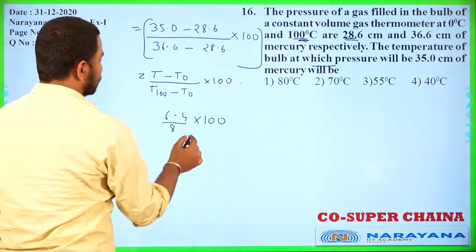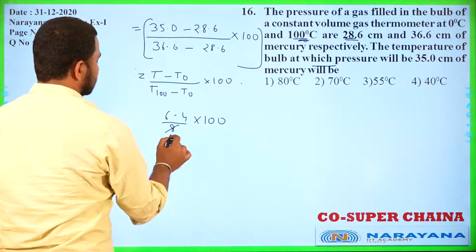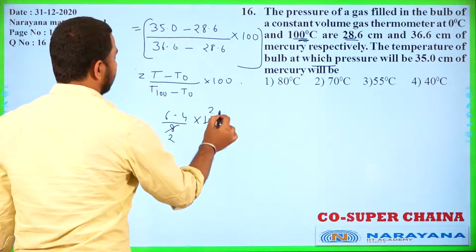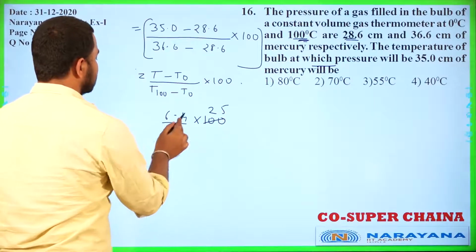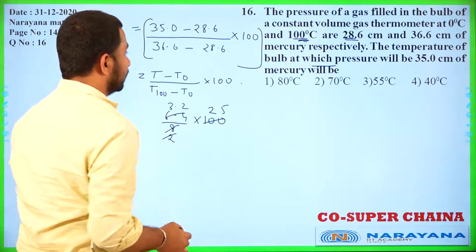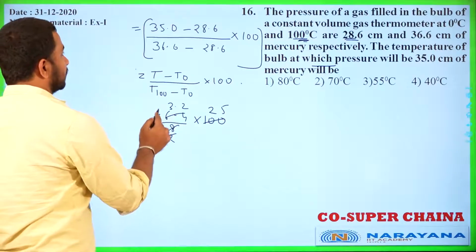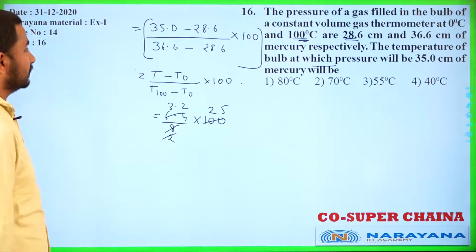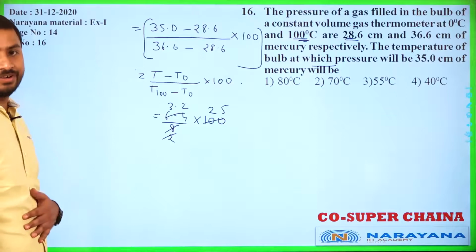So just simplify this one. If we simplify with 4, it will be 2 and it will be 25. This will be 3.2. Solve this, you will get the answer of this question, that will be the temperature of the bulb at that 35 degree Celsius, 35 centimeter.